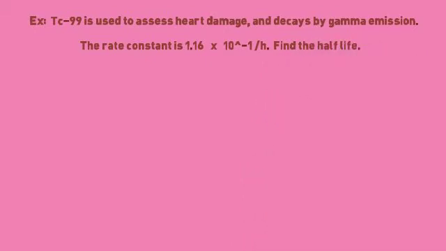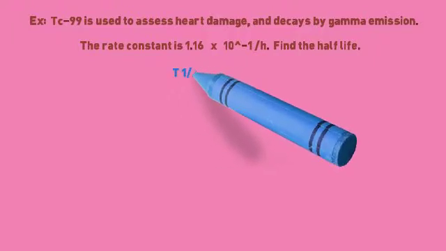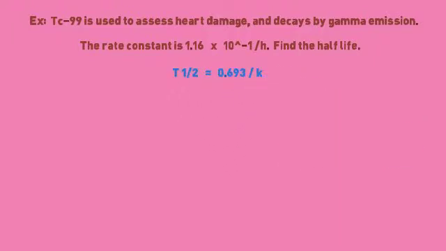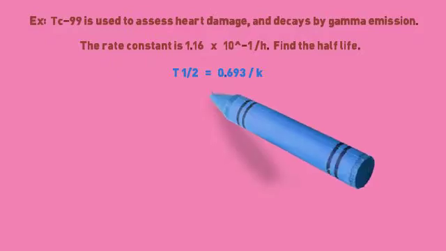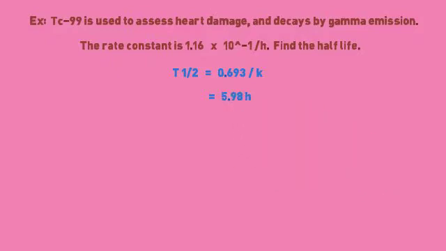Reminder, do you remember how to find the half-life? You should know this because we've done it in chem and you've done it in math. T half-life is 0.693 over k. And k in this, you can see with the rate constant right there. And so this came out to 5.98 hours. Not too difficult.